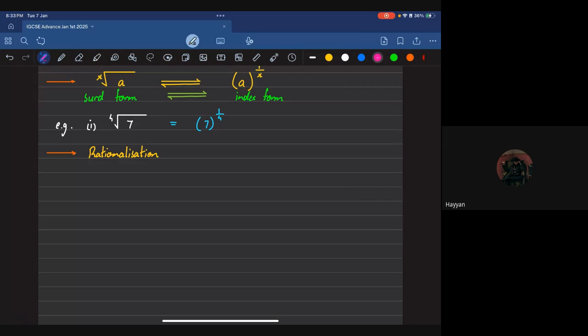Your surds, one thing that what we're trying to say is that surds cannot exist in the denominator. That's our only concern. We do not care about anything else.